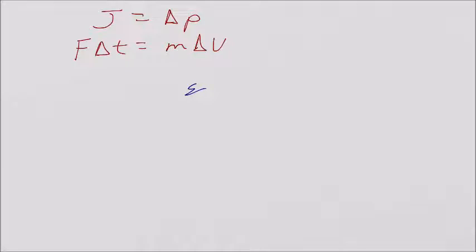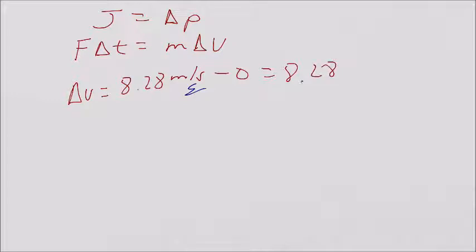We know that original cart started off with a velocity of 0, and it ended up with a velocity of 8.28. So its change in velocity is going to be its final velocity minus its initial velocity. So its change in velocity is 8.28 meters per second.